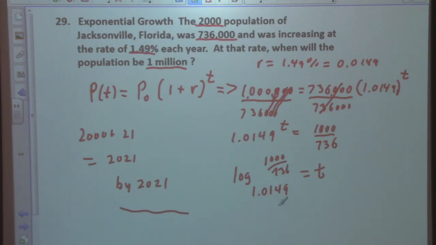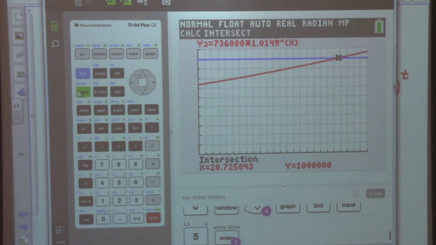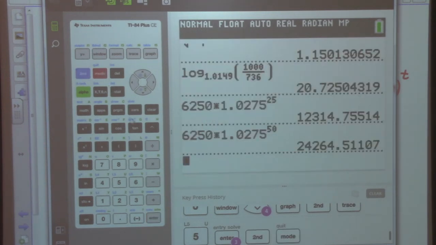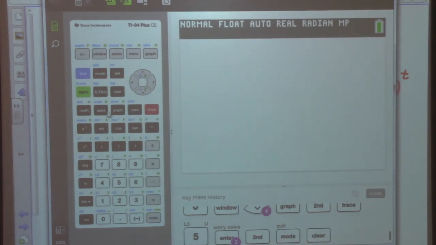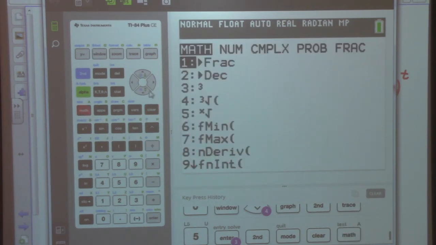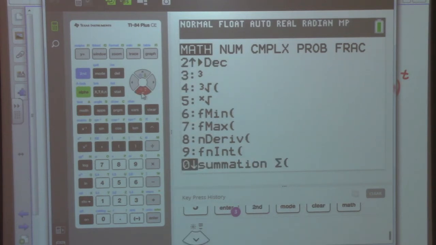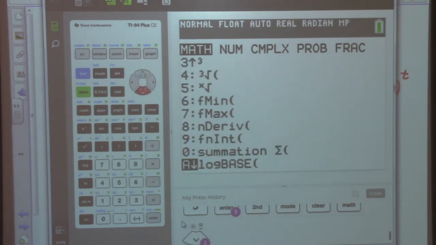And so now we can put this in a calculator, and I want to show you how to do that. I think it's in math. I forget sometimes where it is. So it's math, and we go to base, there it is, A, and if you want to, you can just go to alpha A for that.